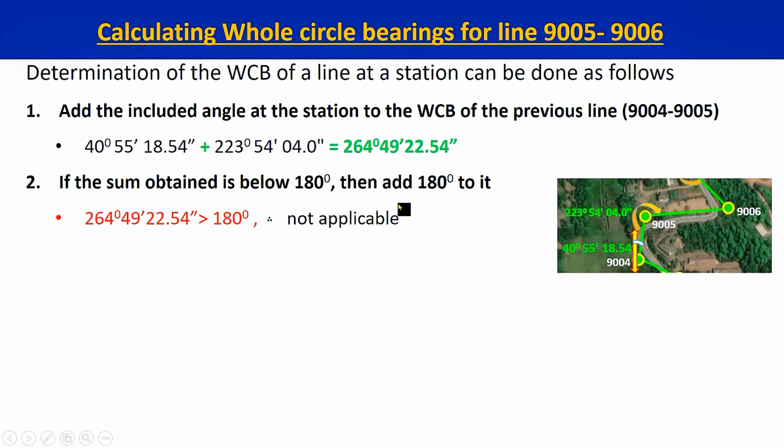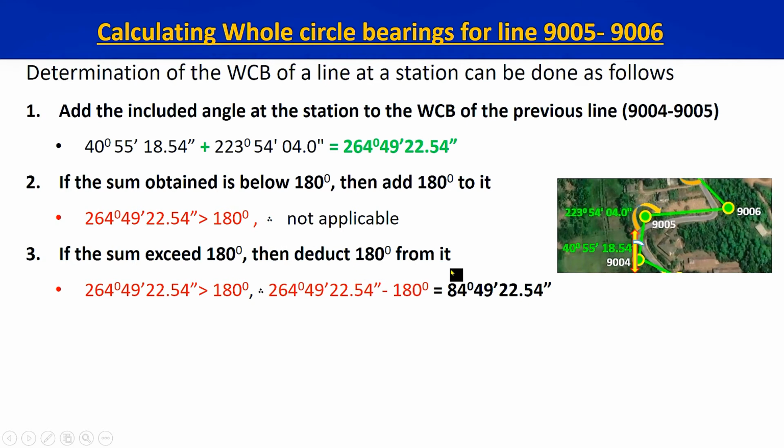If the sum obtained is below 180, then add 180 to it. But clearly we can see it is greater than 180, so therefore it is not applicable. If the sum exceeds 180 degrees, then deduct 180 degrees from it. Since it is exceeding 180 degrees, we deduct 180 degrees from the calculated 264 degrees. Then the value is 84 degrees, 49 minutes and 22.54 seconds.